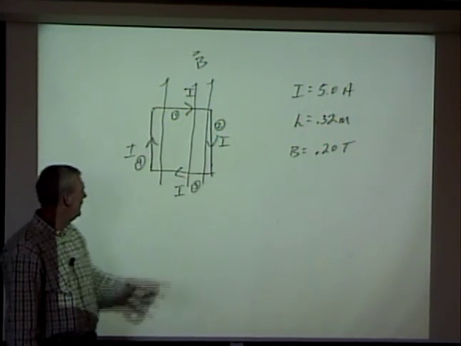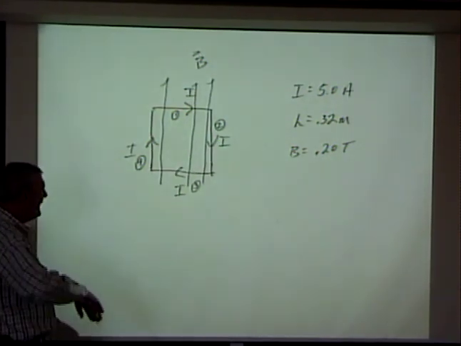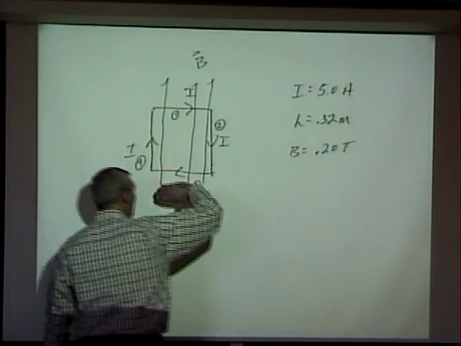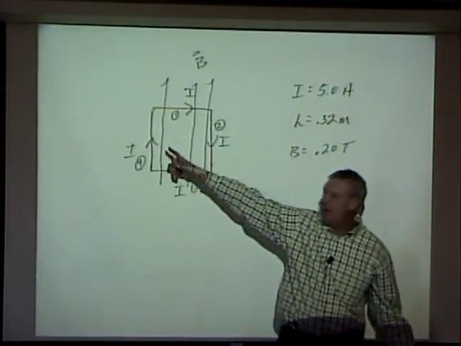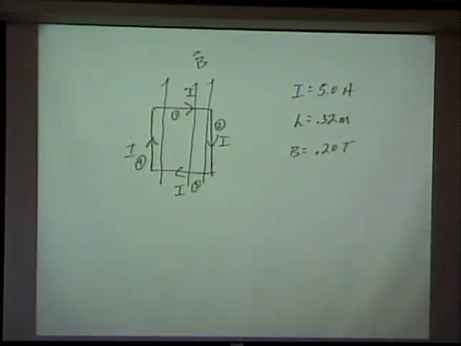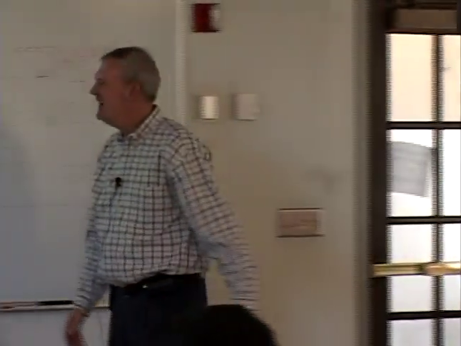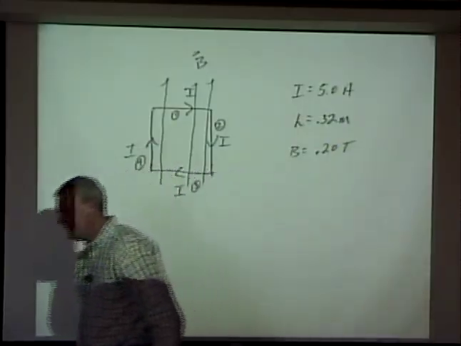Wire 2. Yeah, 2. And since this one is going down, which way is the magnetic field going on this wire here? Into or out of the board? Into. Right. Good.